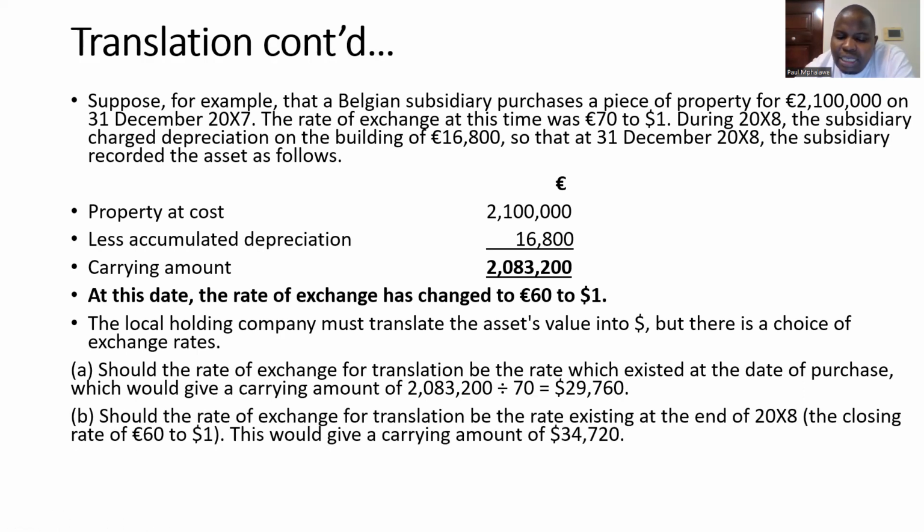Should the rate of exchange for translating be the rate existing at the end of 20x8, the closing rate of 60 euro to $1? This would give rise to $34,720. We take 2,083,200 divided by 60, which gives us more dollars.